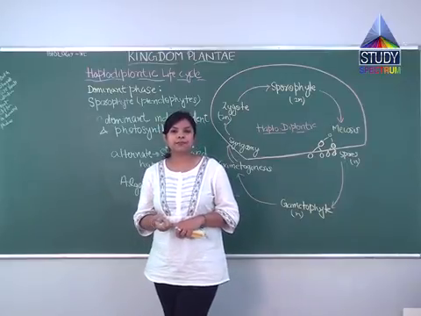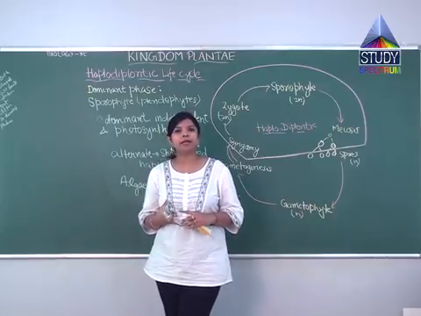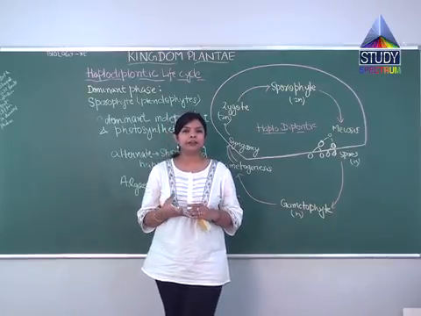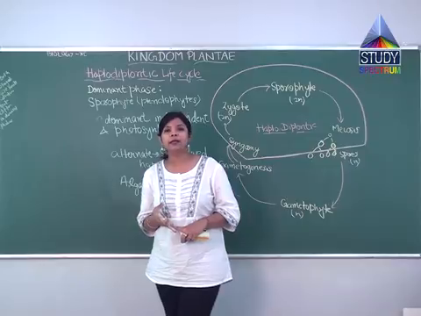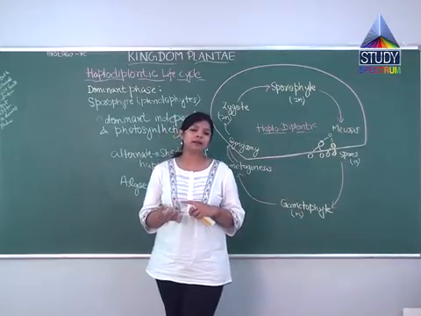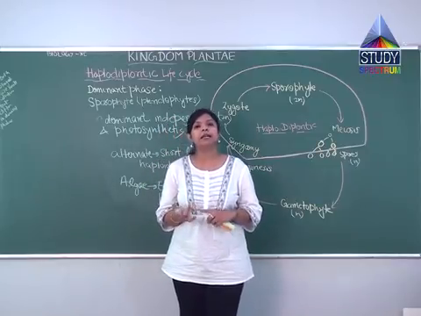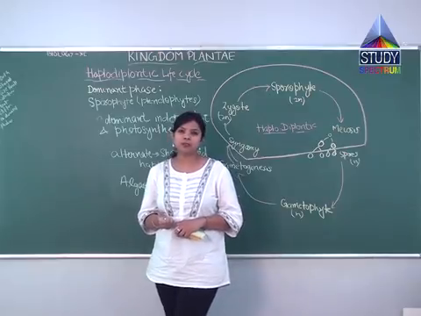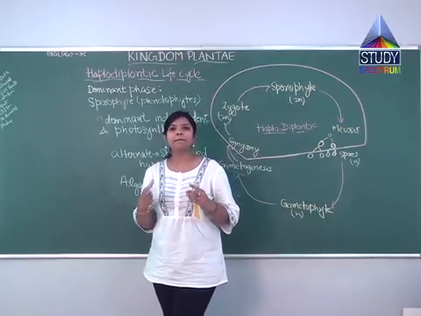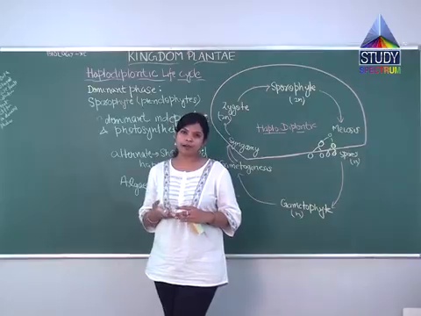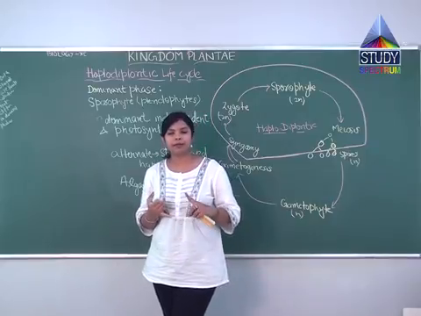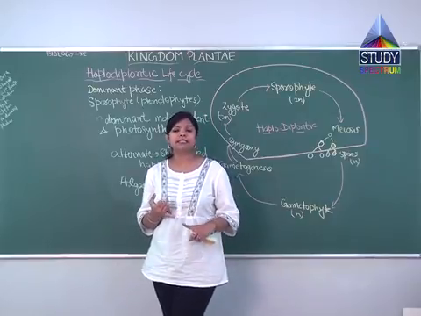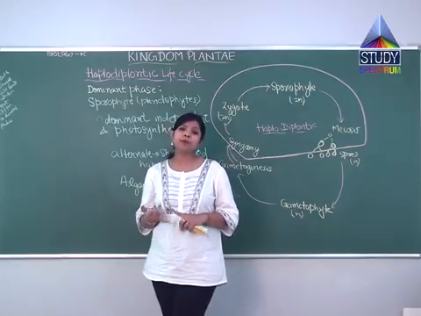Vascular tissue is present, so they are vascular plants. They are also known as vascular cryptogams. Why cryptogams? They have a concealed reproductive system. They do not develop any kind of flowers, fruits or seeds. That's why they are called non-seed bearing plants.